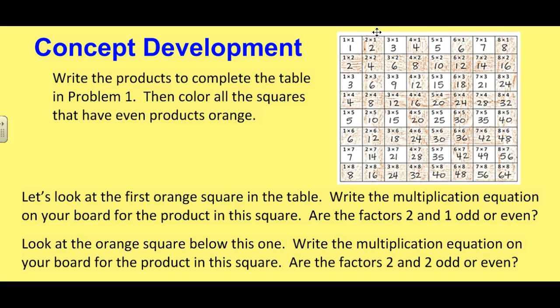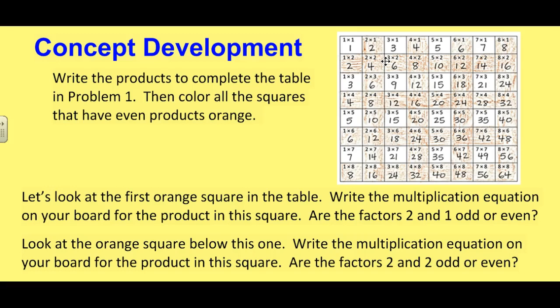Okay, look at the orange square below this one, which is 2 times 2 equals 4. Write that multiplication equation on your board, and then ask yourself, are the factors 2 and 2 odd or even?